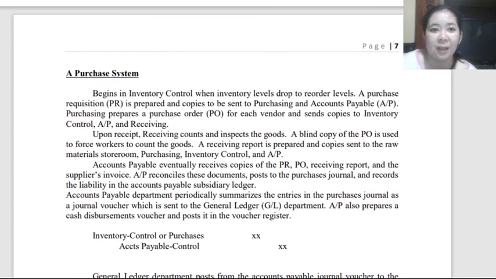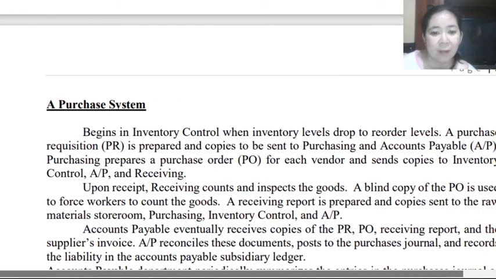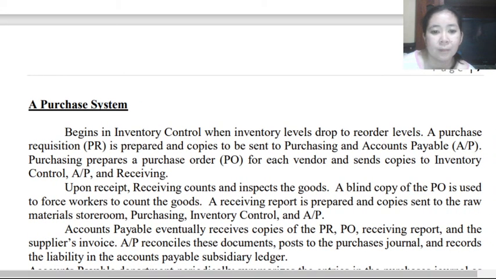So for the purchase subsystem or purchase system, normally this begins with inventory control.